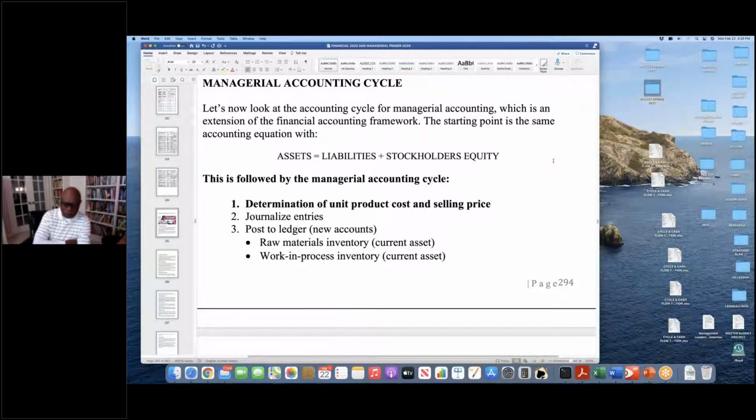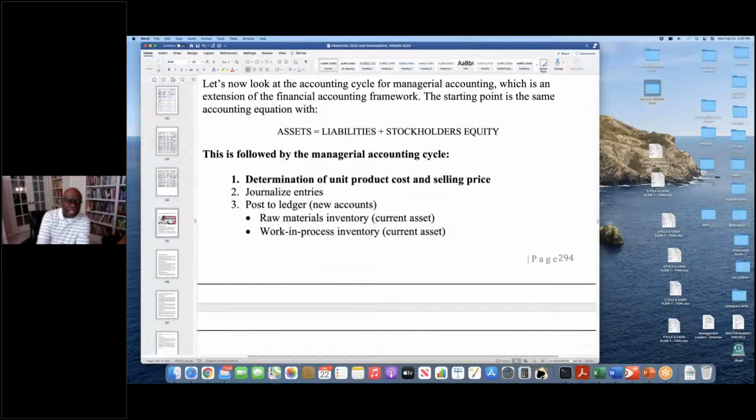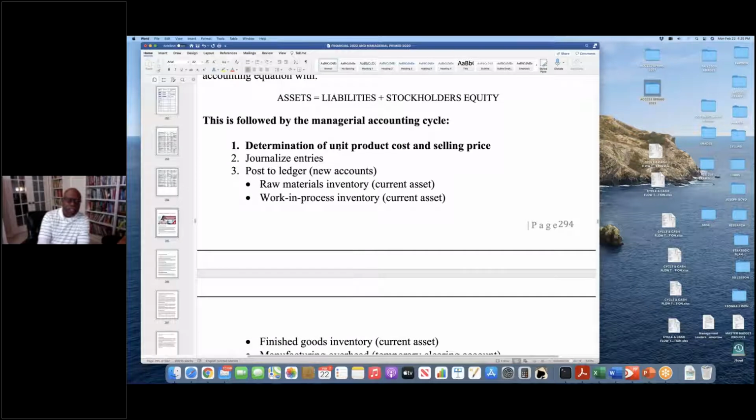Okay, so we're in managerial accounting now, and there is an accounting cycle where assets equal liabilities plus stockholders' equity. That's the same equation, but the cycle begins with determining the unit product cost and selling price, and that's what we're going to work on this week.